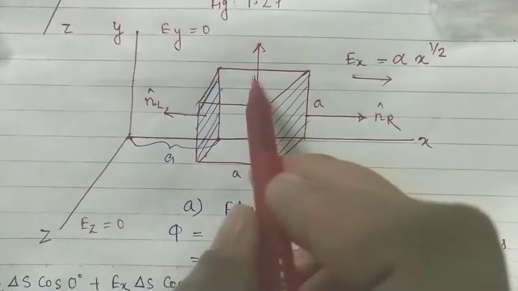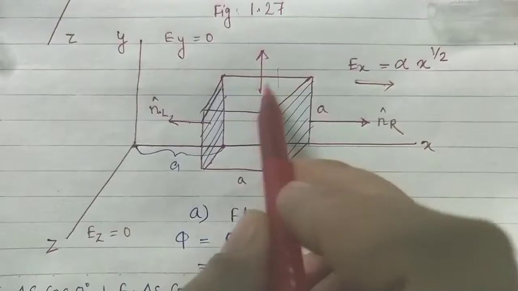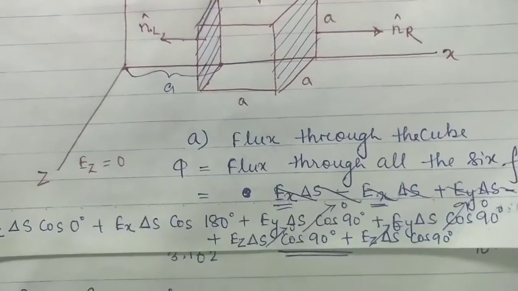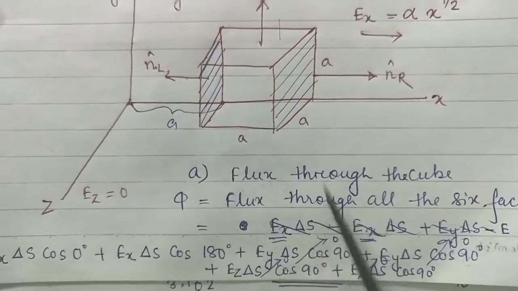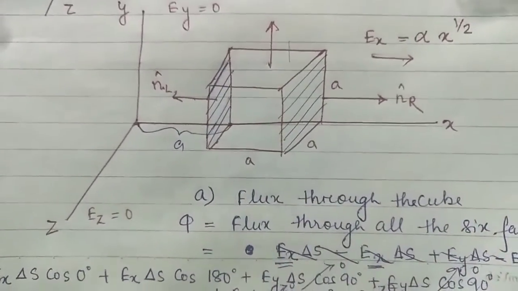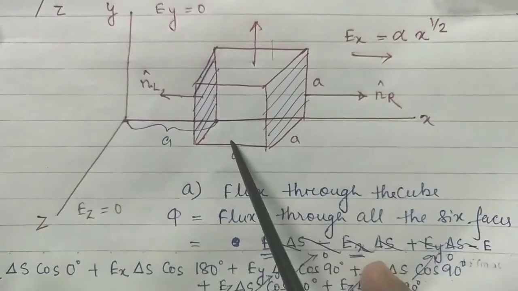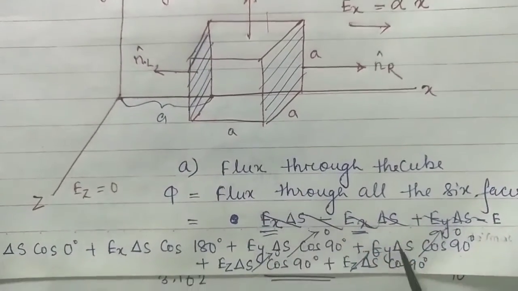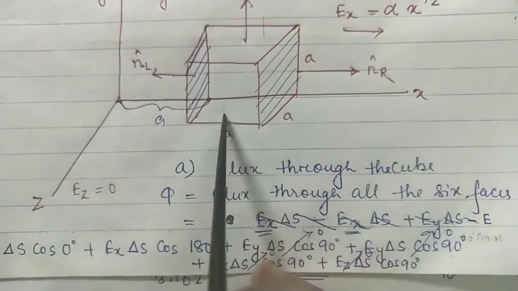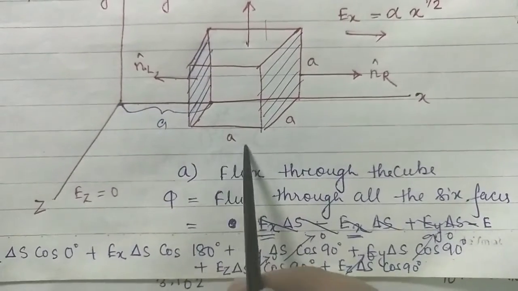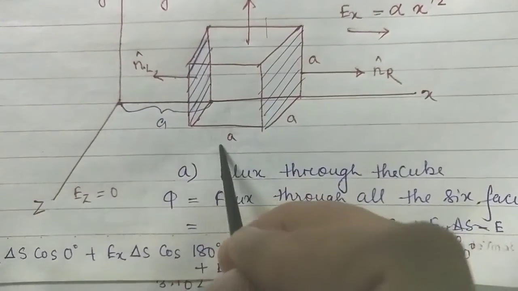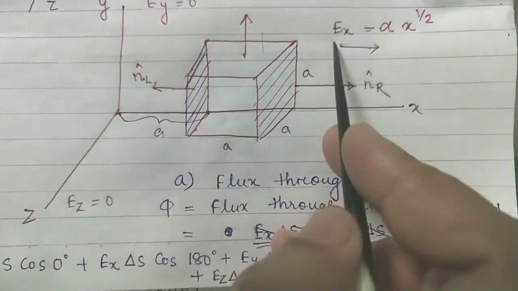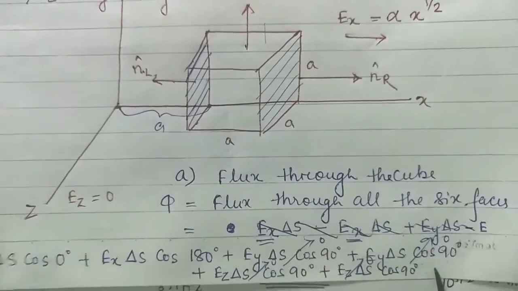This is the right direction and this is upward, so the angle is 90 degrees. So I have written cos of 90 degrees for this face. Again for this face it is the same, Ey del S cos 90 degrees, the outward normal, the direction of the area vector, and the E vector is towards right.